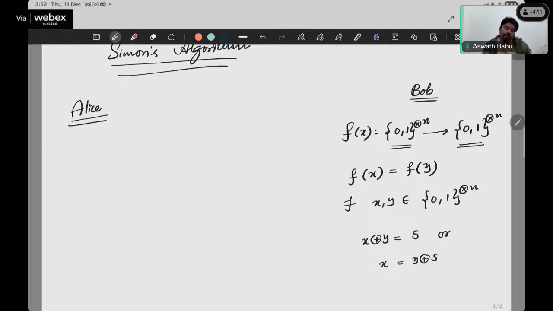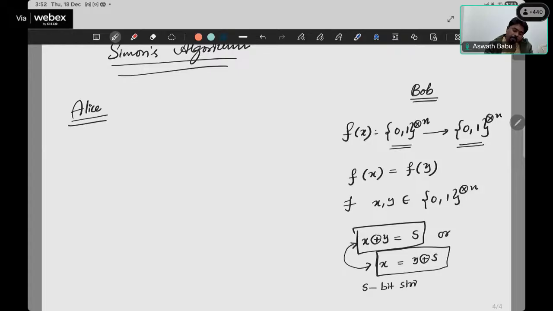You remember, you can add any number on the right and left with addition modulo, so you get either of these equations. It's important to note that both of them are the same. Now s is a bit string again.